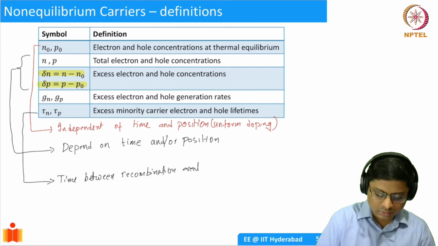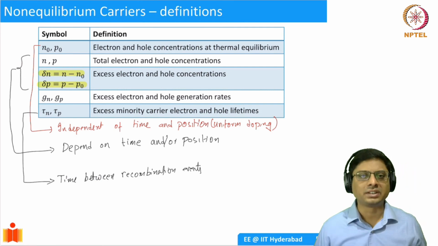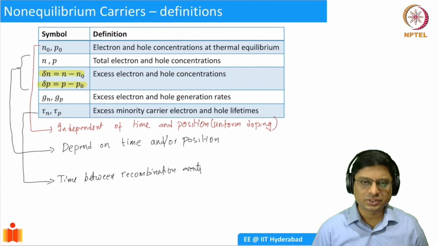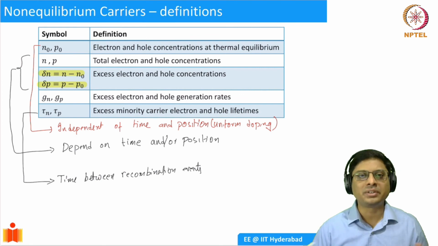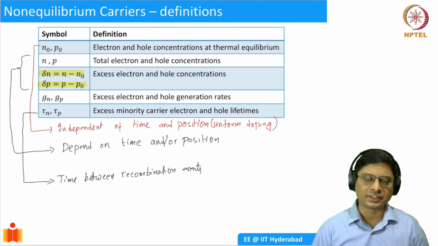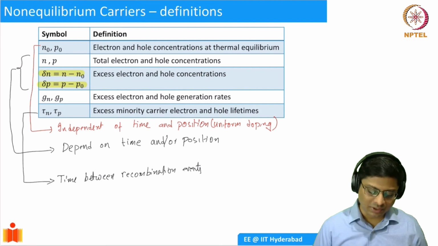You have plenty of electron hole pairs present, but it takes a certain amount of time for them to recombine. So you look at the average time between recombination events, and that is the excess minority carrier lifetime.